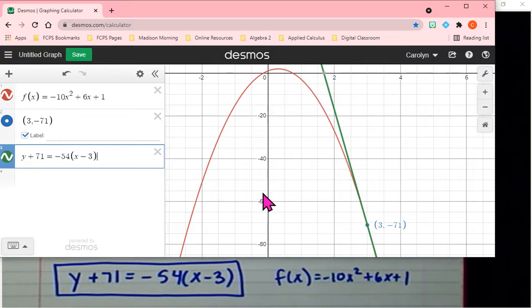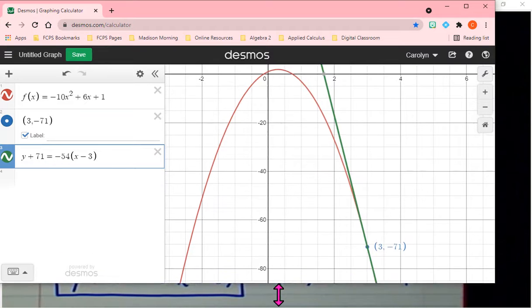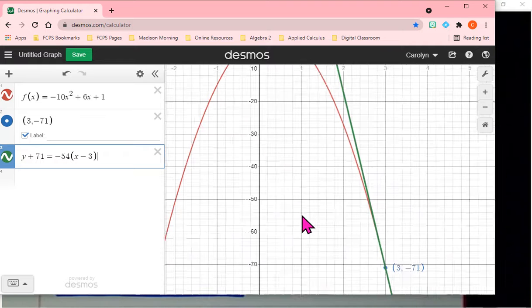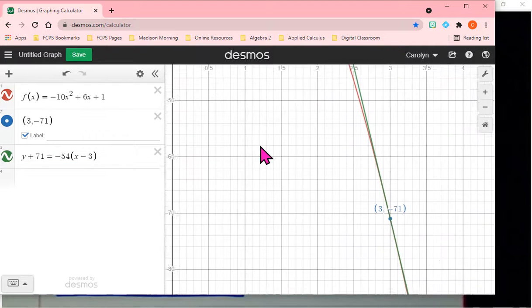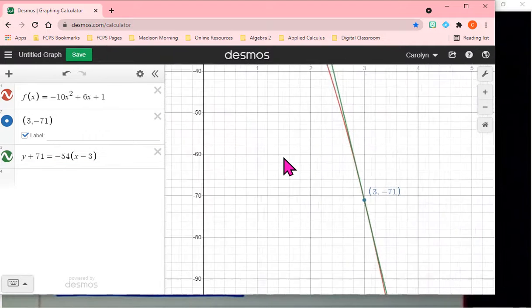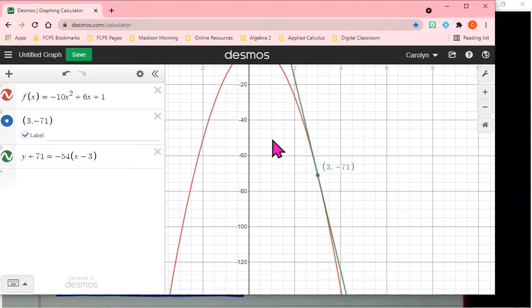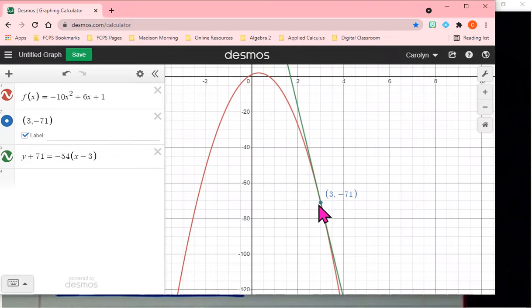There's the tangent line. Does it look like a tangent line? Yes. You can change this viewing window any way you want to make sure it looks good. I'll zoom back out a little bit. That looks pretty decent.